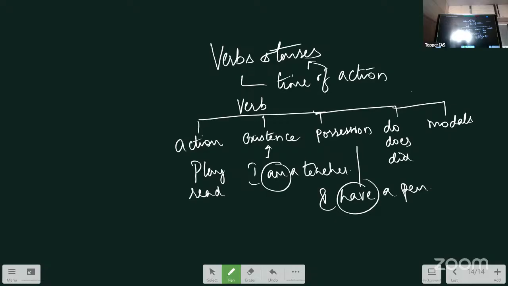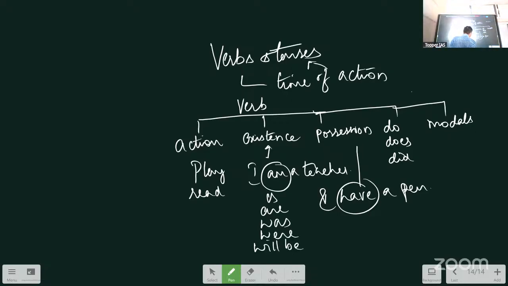They indicate possession. Am, is, are, was, were, will be. These are called helping verbs which indicate existence. Is that clear?